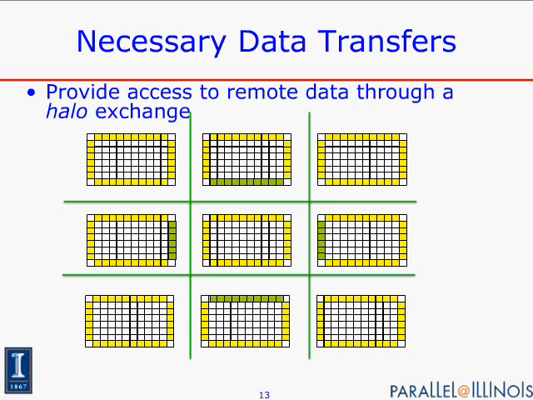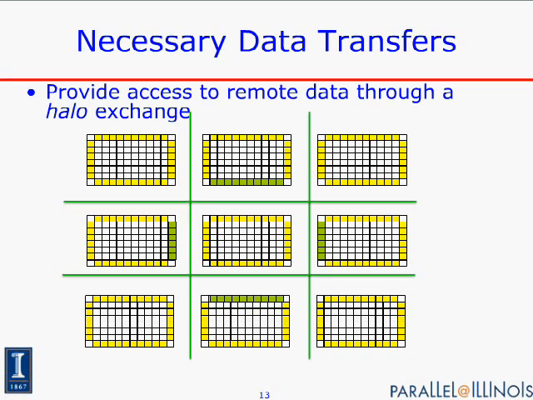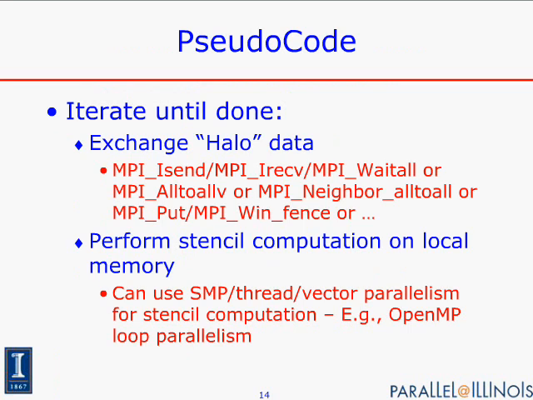Okay, so this is fairly straightforward, and if I write this in pseudocode, I'm going to use MPI as the message passing interface, it has two obvious steps. There's an exchange of the halo data. So this is the transfer of data that we just saw on that previous slide.